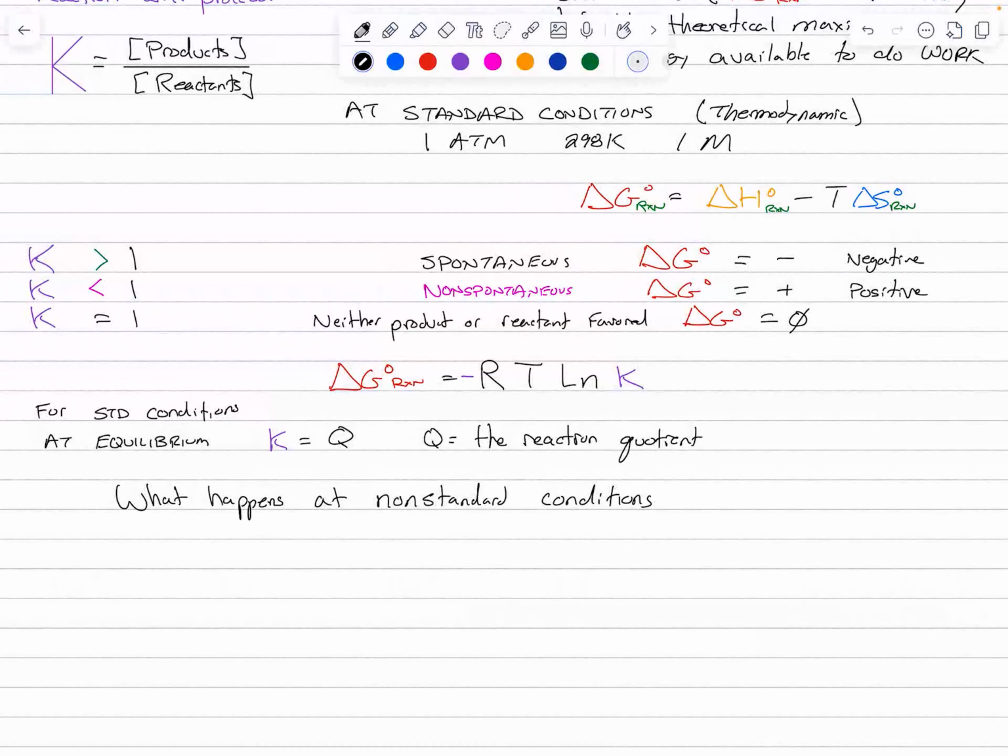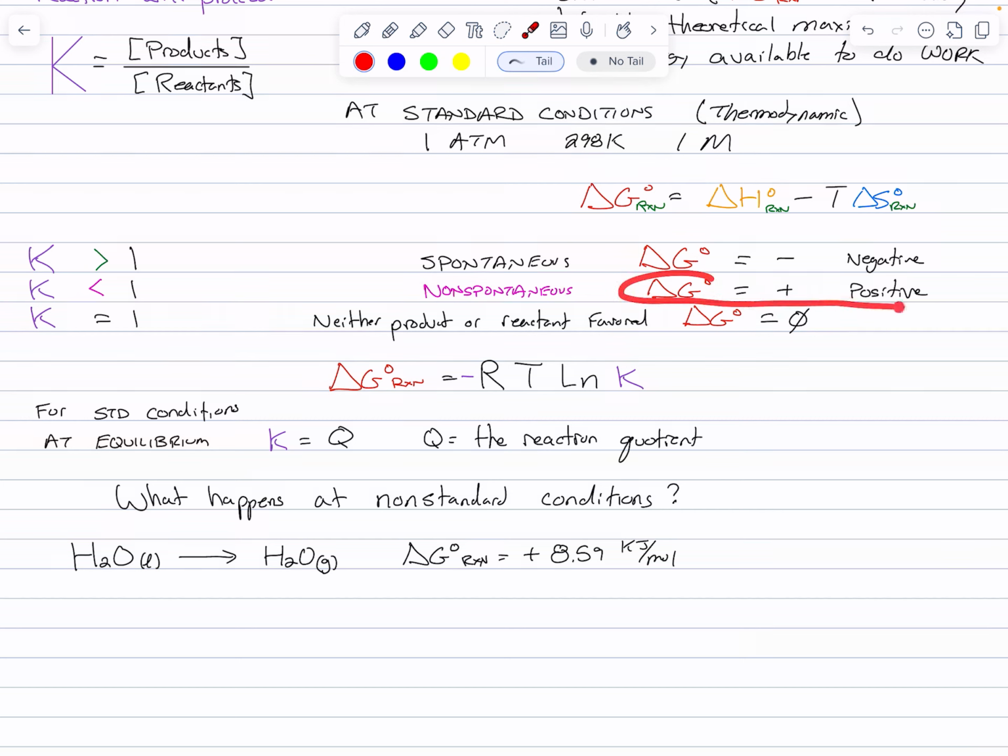What do I mean by that? Well, what's an example? H2O liquid going to H2O gas, and delta G standard for the reaction is equal to 8.59, positive. If delta G is positive, we are non-spontaneous.